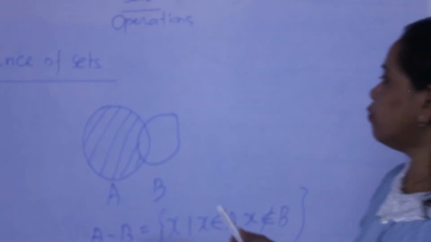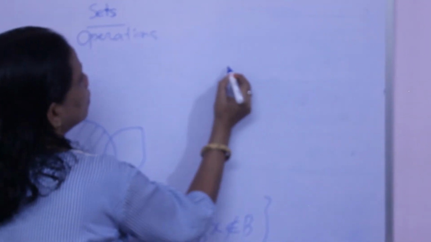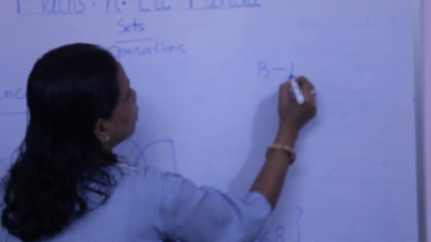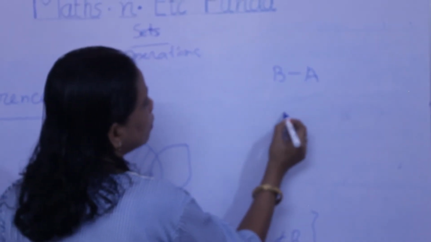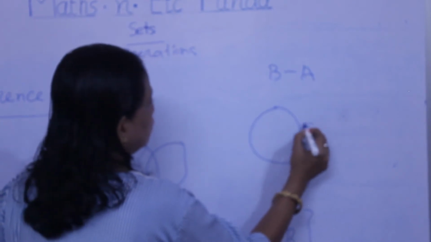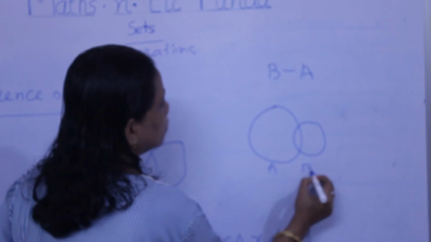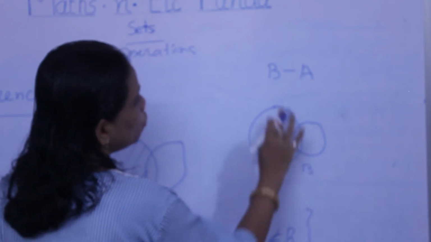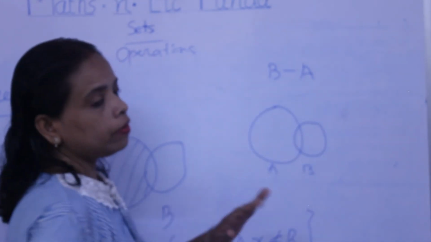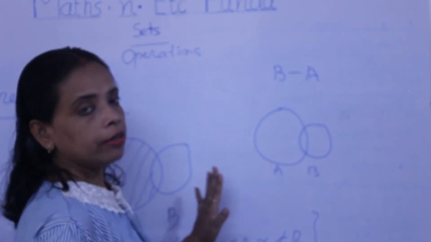If I want to find B difference A, so what will be the answer? This is set A, this is set B, so B difference A. So that means elements present in B but not in A, right?